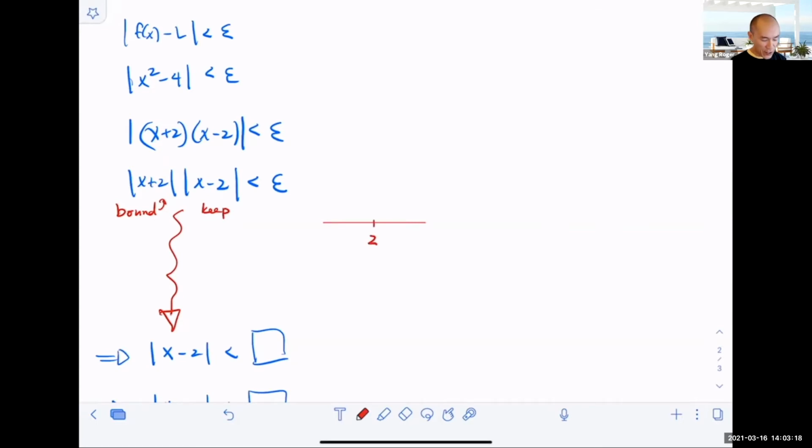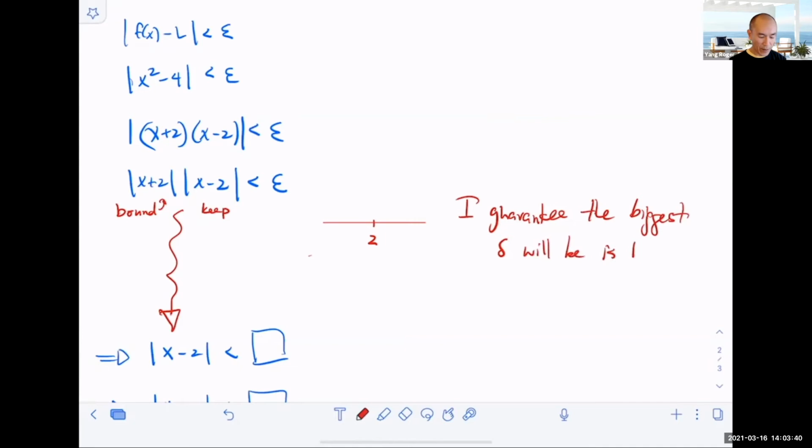And what I'm going to do is guarantee the biggest delta will be is 1.